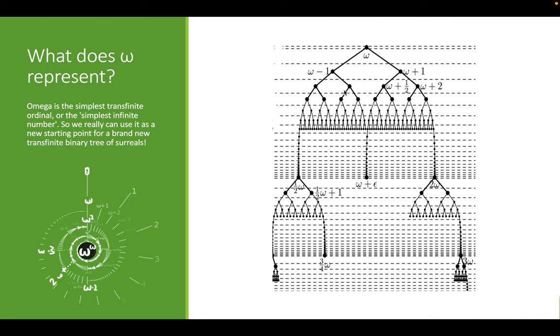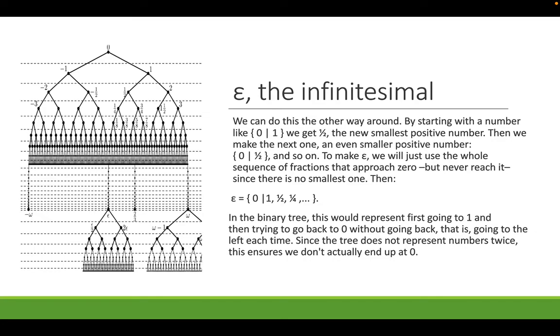and well, what's this? Well, that's epsilon, and it's called infinitesimal. And basically what it means is that we can do this the other way around. By starting with a number like 0 bar 1, we get 1/2, the new smallest positive number.